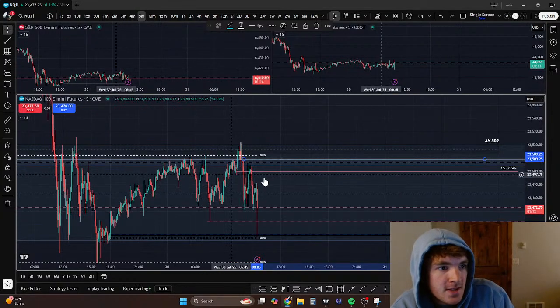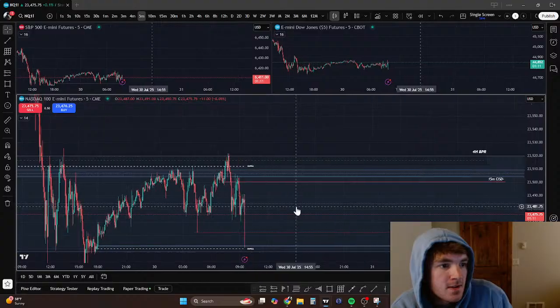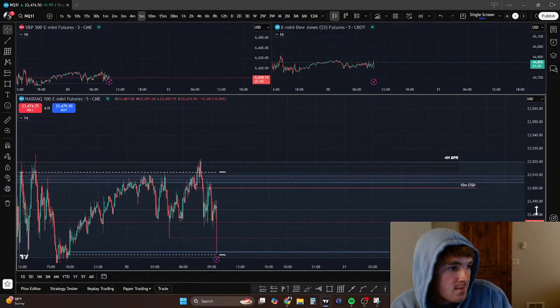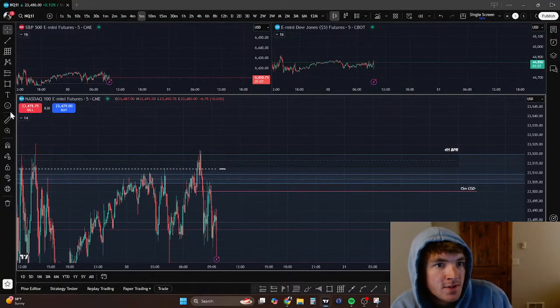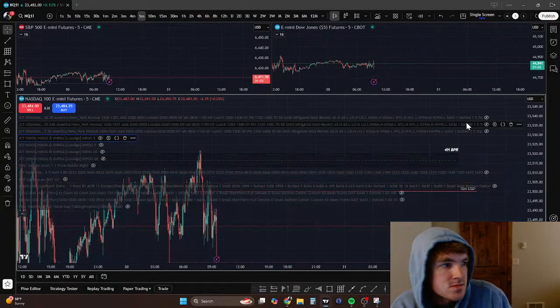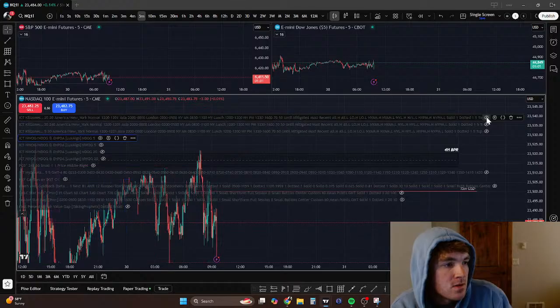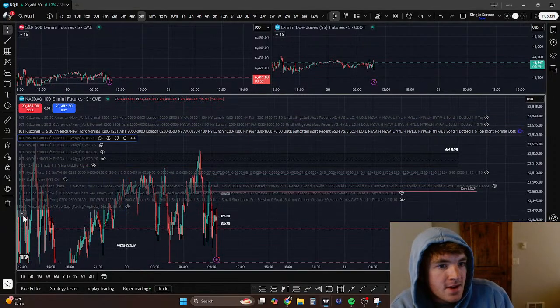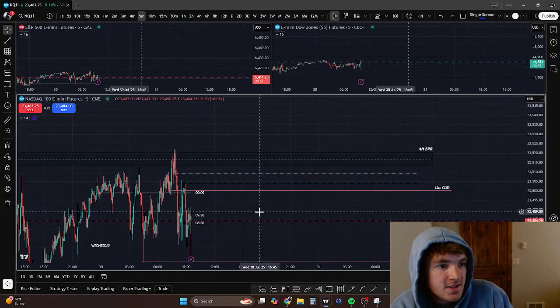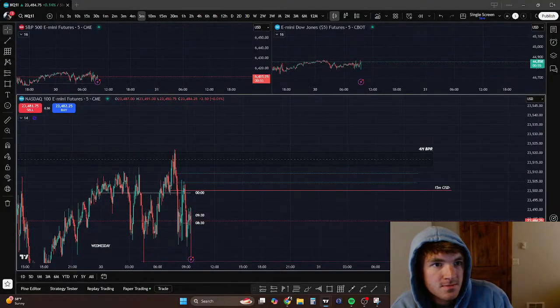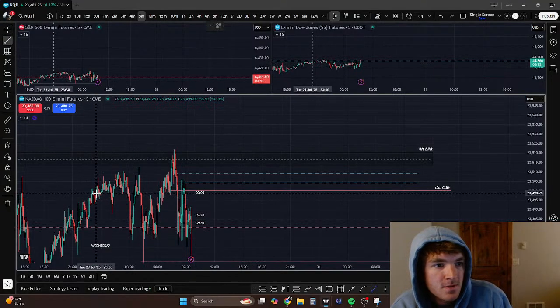So once again, midnight right there. New day opening gap hopefully could protect us. Okay, midnight right here. Let's see how this goes if we get filled.